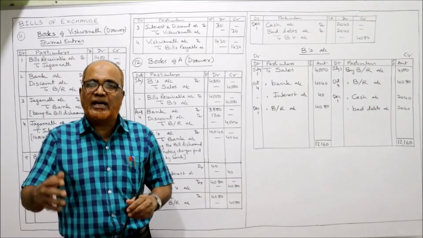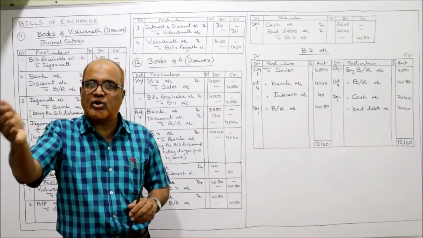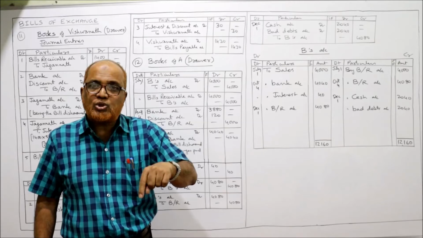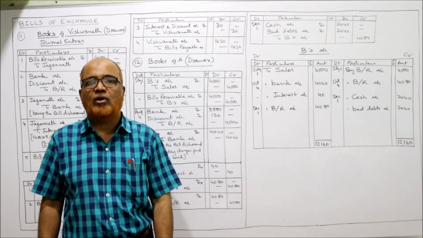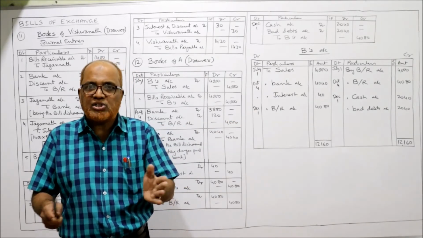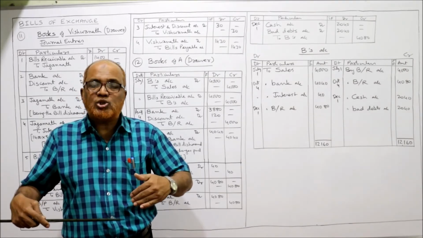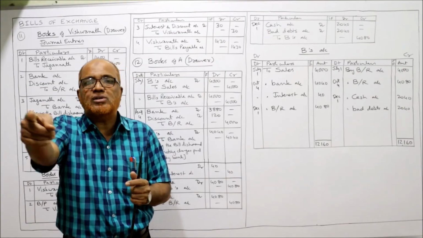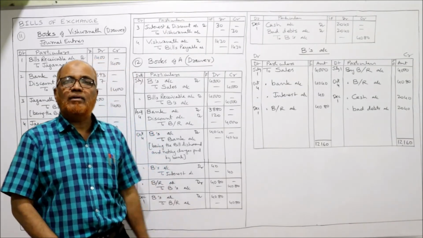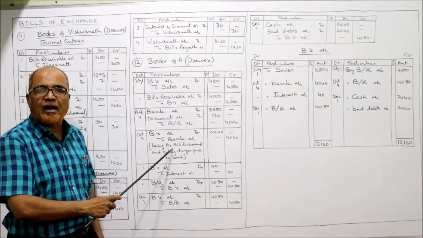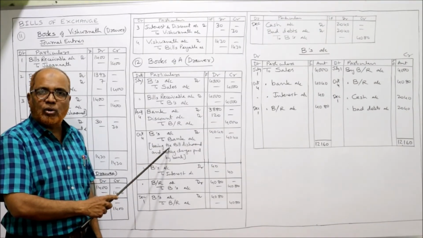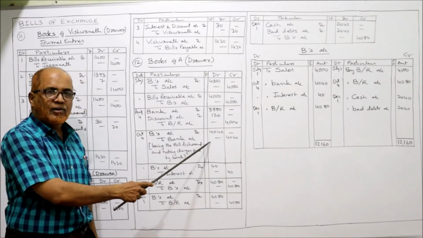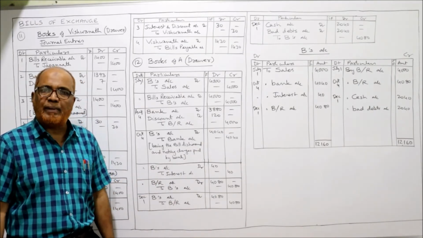Now A has to pay 4,040 to the banker and A has to get 4,040 from B. So the entry will be B's account debtor to bank, being the bill dishonored and noting charges paid by bank. 40 rupees are the noting charges paid by the banker.